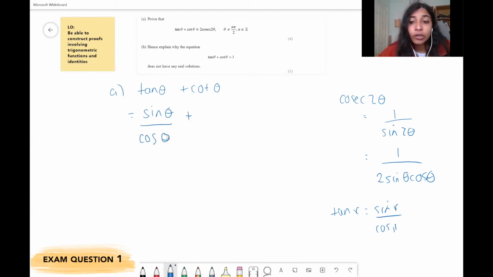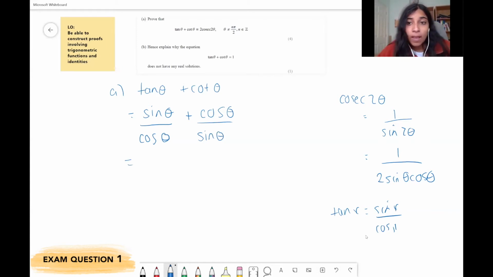And then you know that cot theta is just the reciprocal of tan theta, so cot theta is just 1 over tan theta. You just flip this around, so you can write that as cos theta over sine theta.